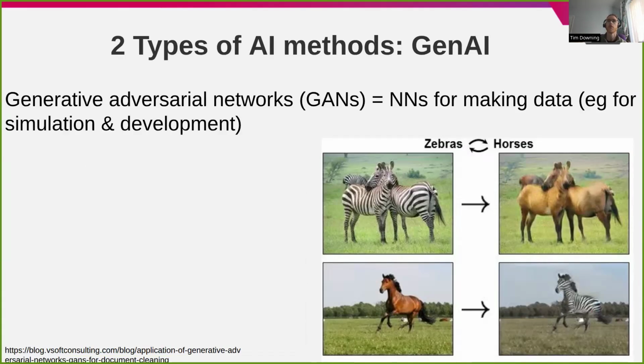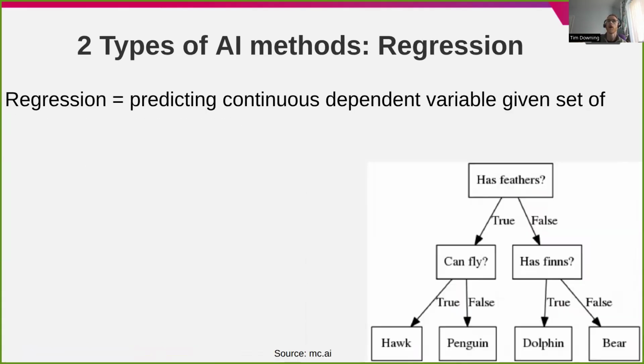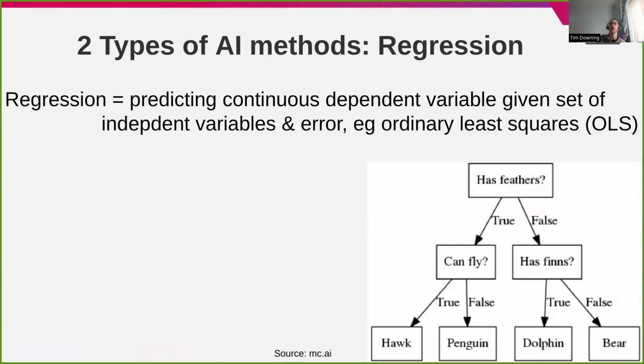Other examples are regression. So that's looking at discriminative AI. We're looking at predicting a continuous variable using something like ordinary least squares. For example, we might ask, does this item have feathers? If it has feathers, can it fly?